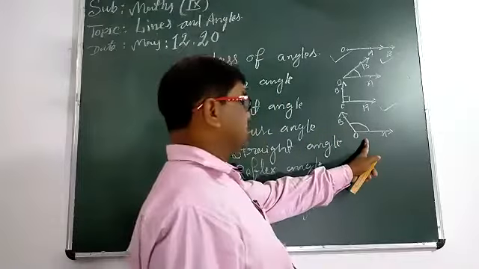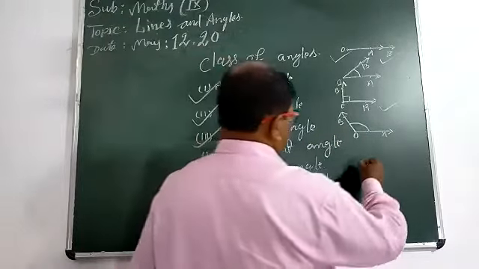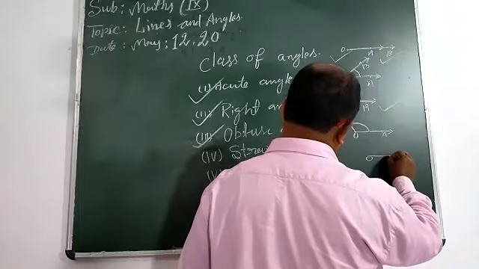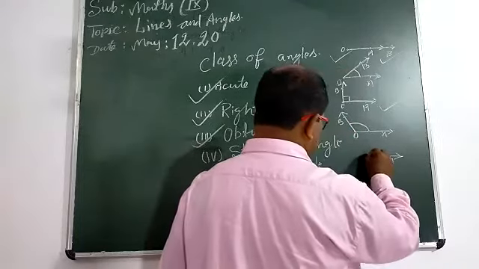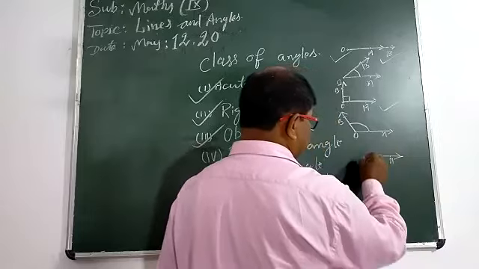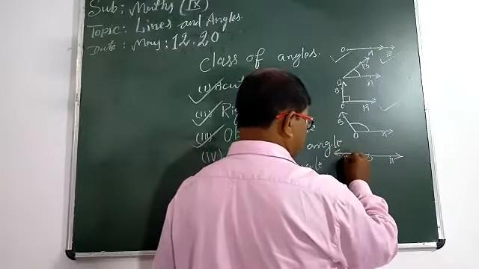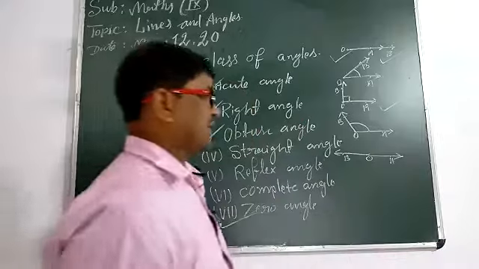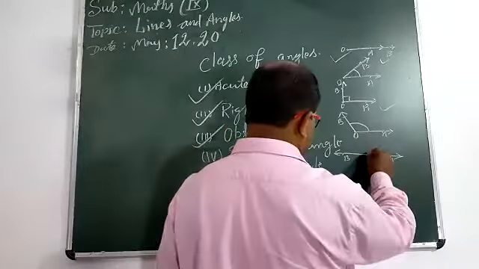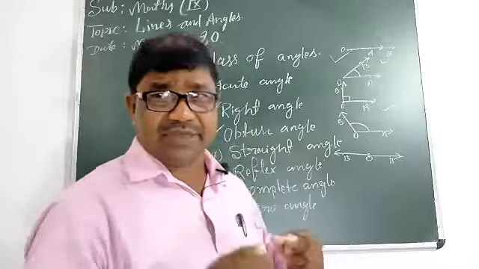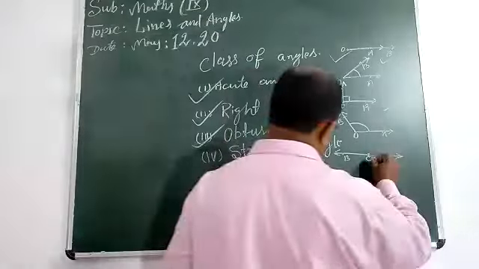Mind obtuse angle. Now student, suppose that this is first ray OA and this is the initial point of this ray. That is the second ray, just opposite of first ray. There are two rays having the same initial point, but they are just opposite to each other.